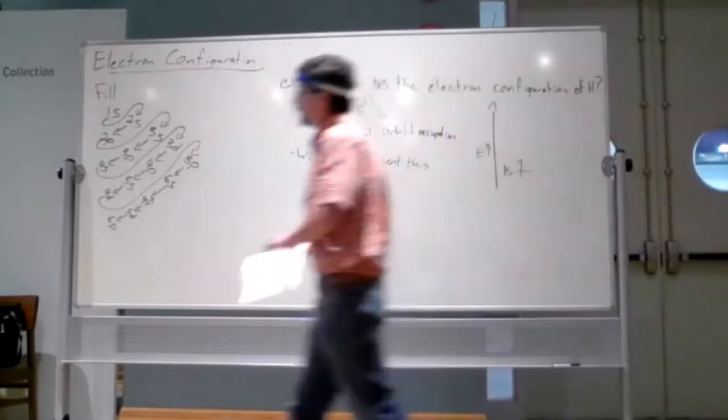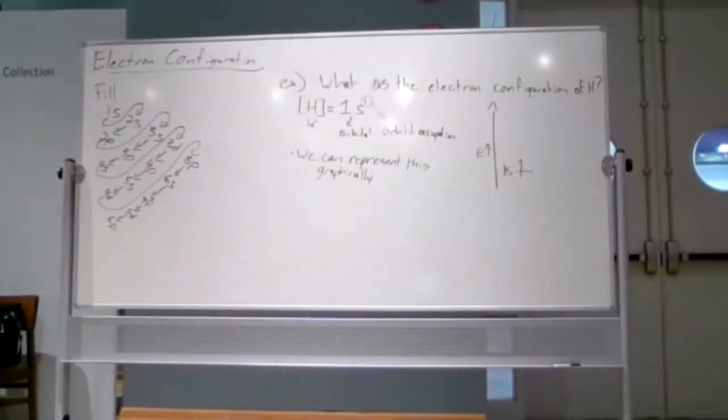Let's look at a more complicated example. Let's pick an element in the second row, one of the ones along here. Which one do you want to do? Whoever says it first gets it. Okay, carbon, we're doing carbon then.